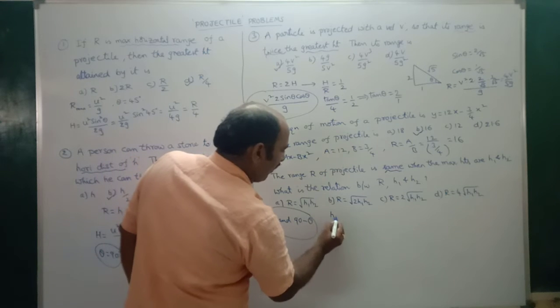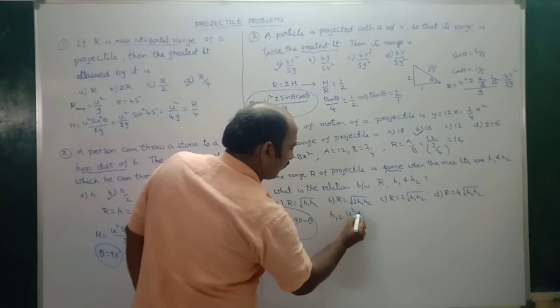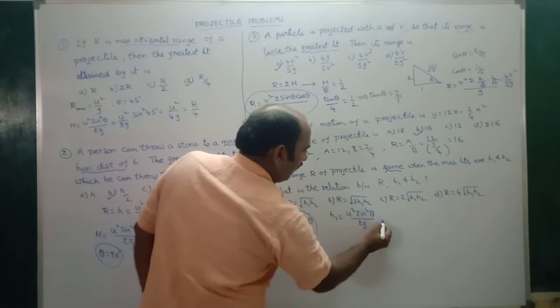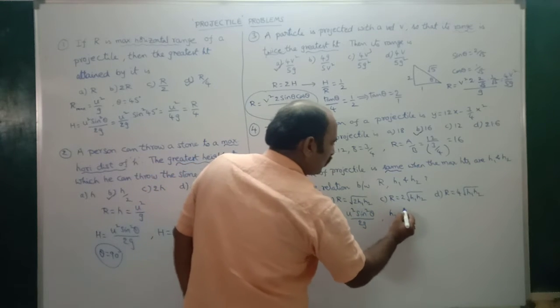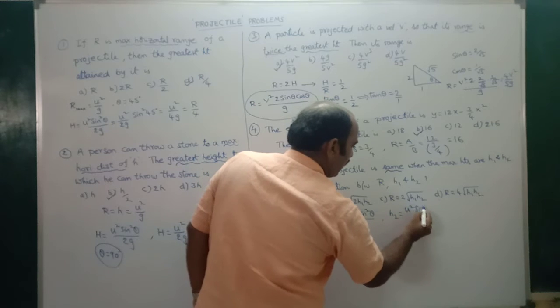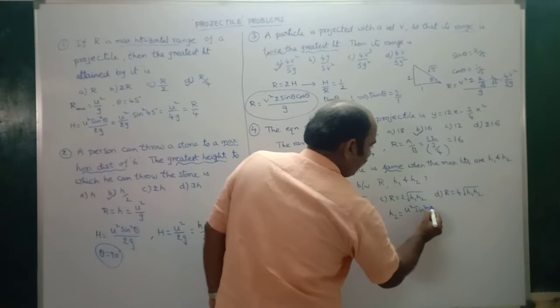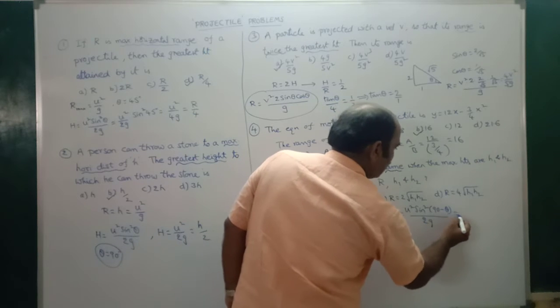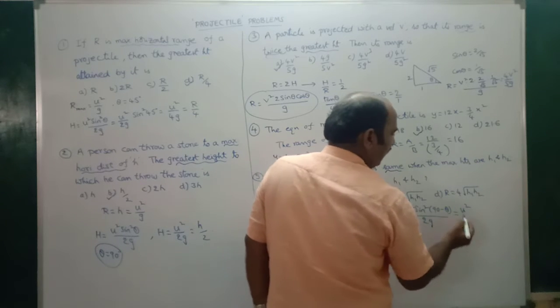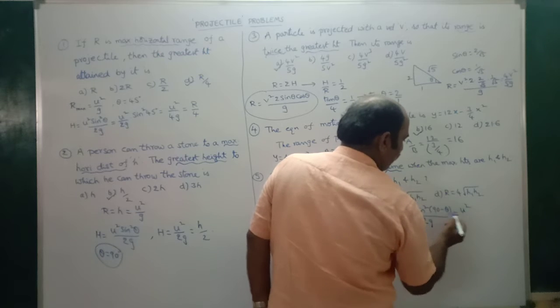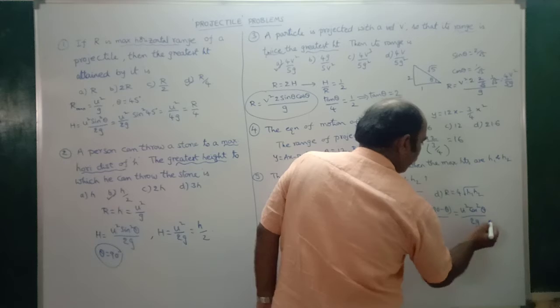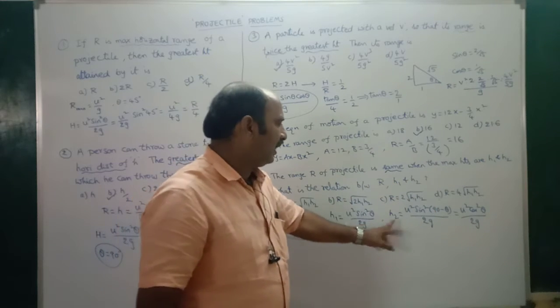Now you write H1 value is equal to U square sin square theta by 2g and H2 value is equal to U square sin square of the second angle, 90 minus theta, by 2g. Sin of 90 minus theta is equal to cos theta. That's why we write U square cos square theta by 2g. This is H1 and this is H2.